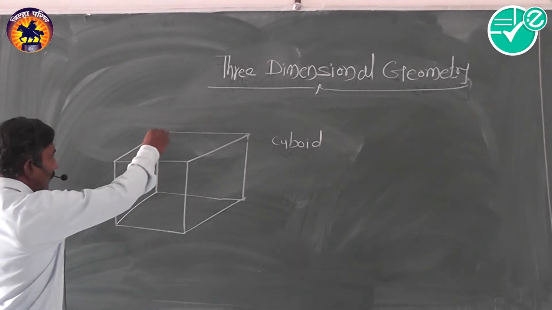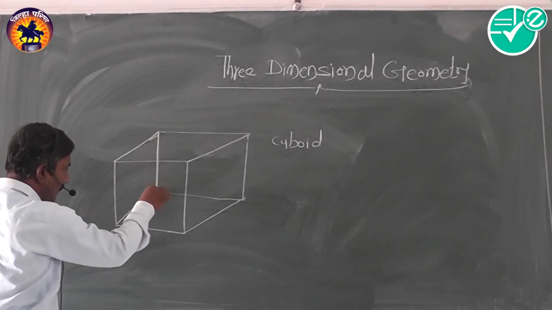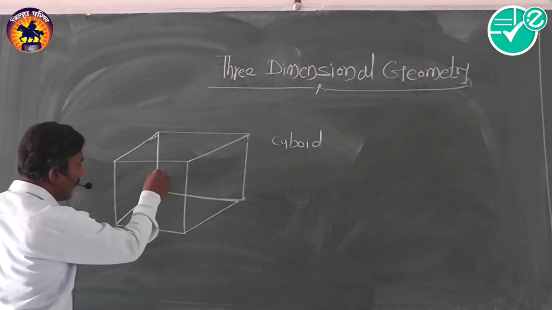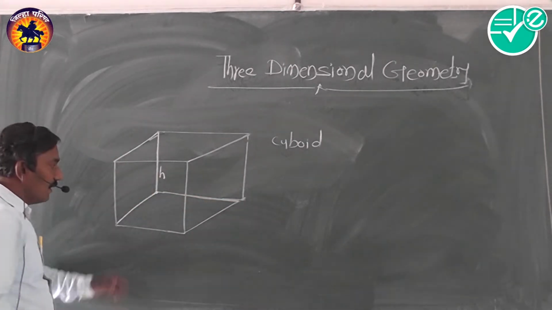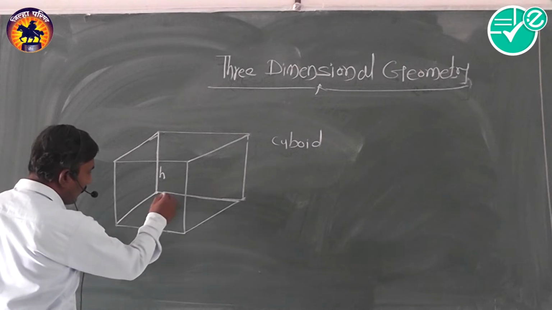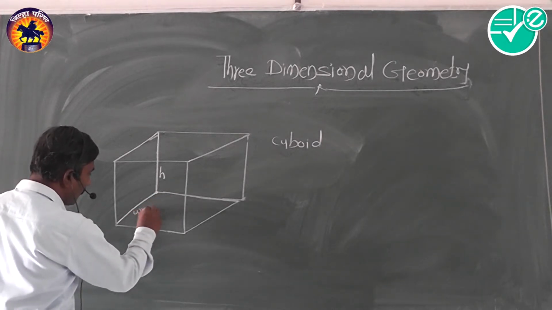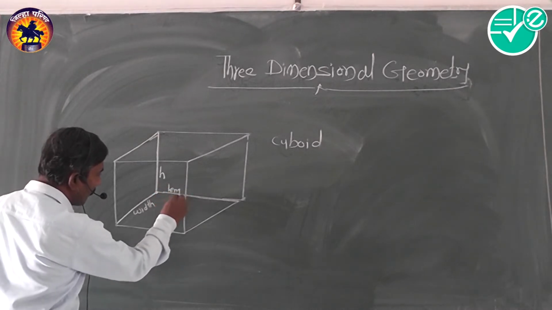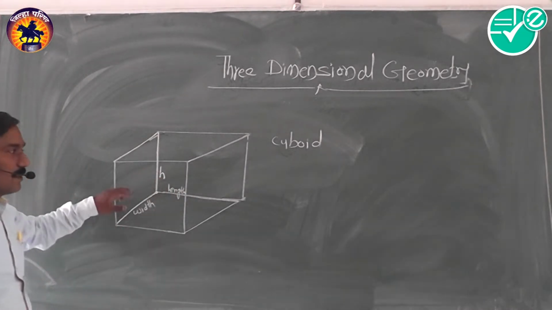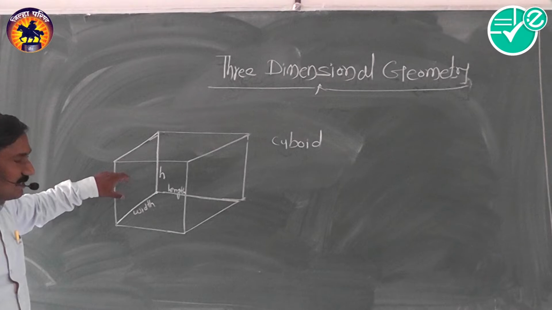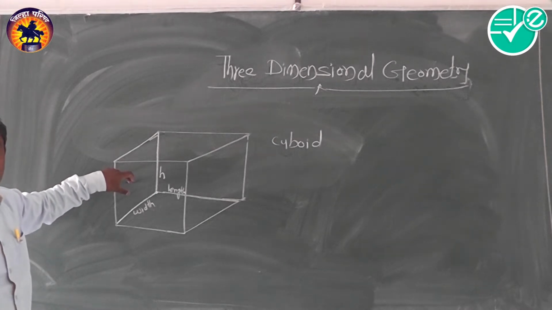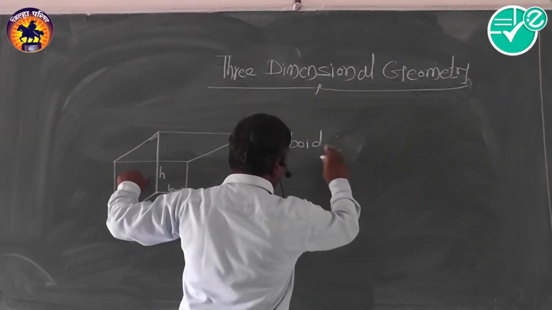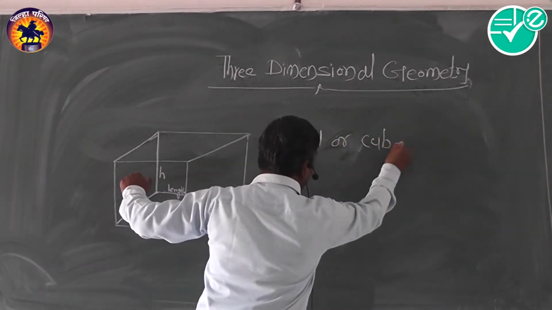Here the figure has height h, it has width, and it has length. So this is the figure of a three-dimensional cuboid. Next, or we can say cube.